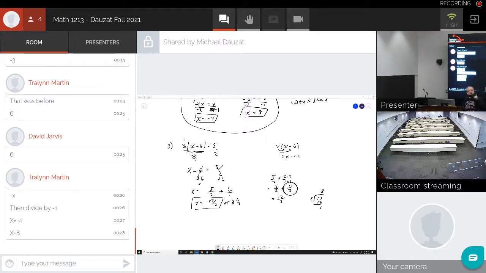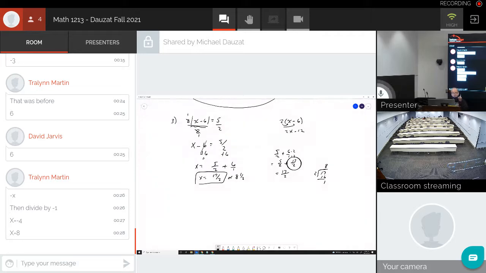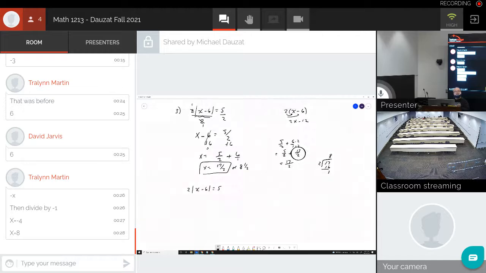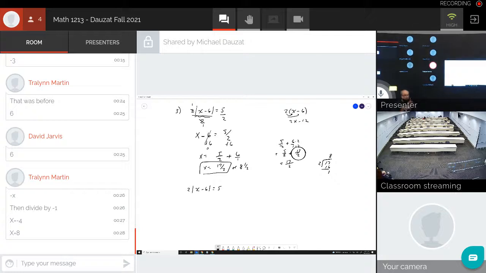Now, just to let you know, I'm going to rewrite the same problem just to show you if I had distributed it. Now notice, 2 is what kind of number? Is it positive or negative?